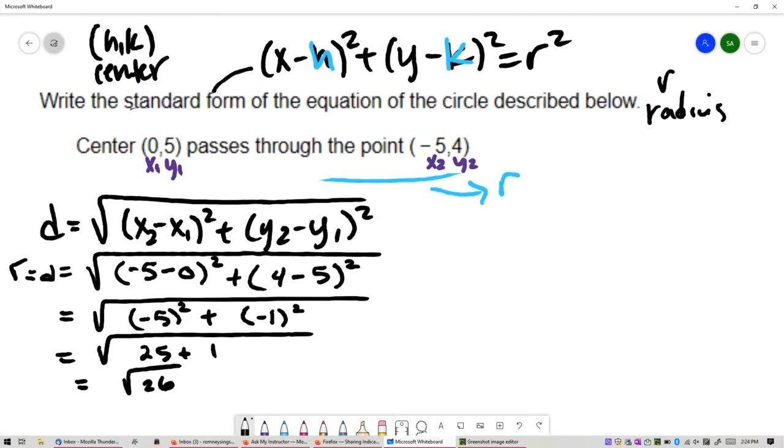And then we have enough information to substitute all the parts into the standard form.